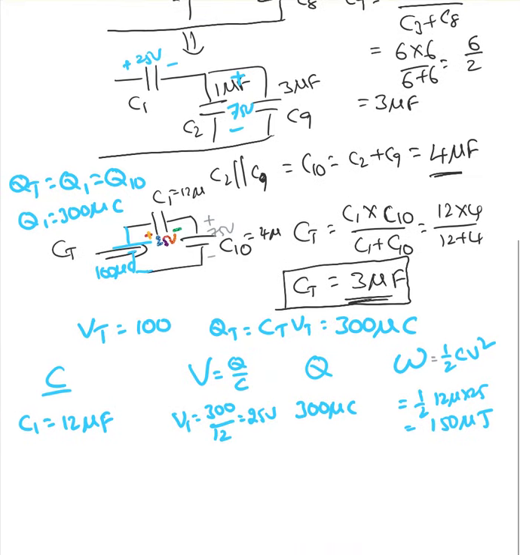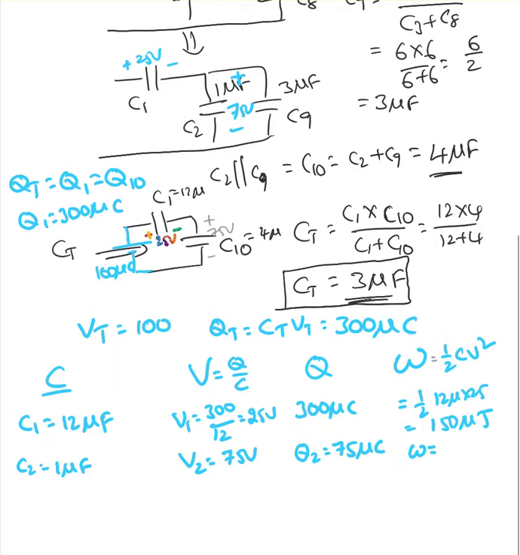So I have C2 equal to 1 microfarad, and I know V2 equal to 75 volt. Once I know V2, can I say Q2 equal to 1 micro times 75, so it must be 75 microcoulombs.